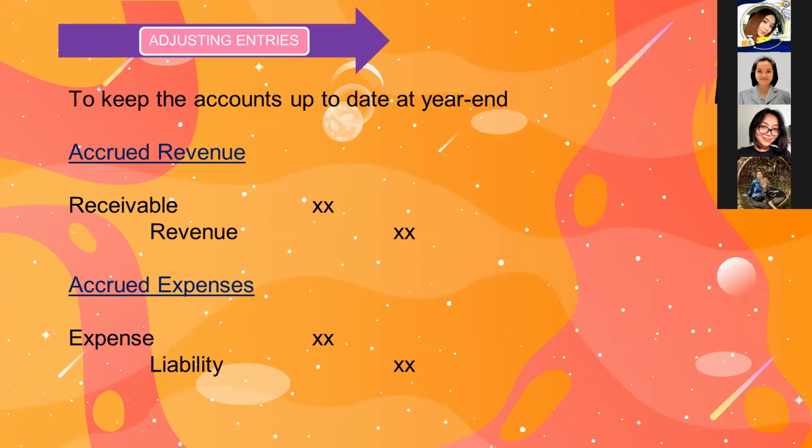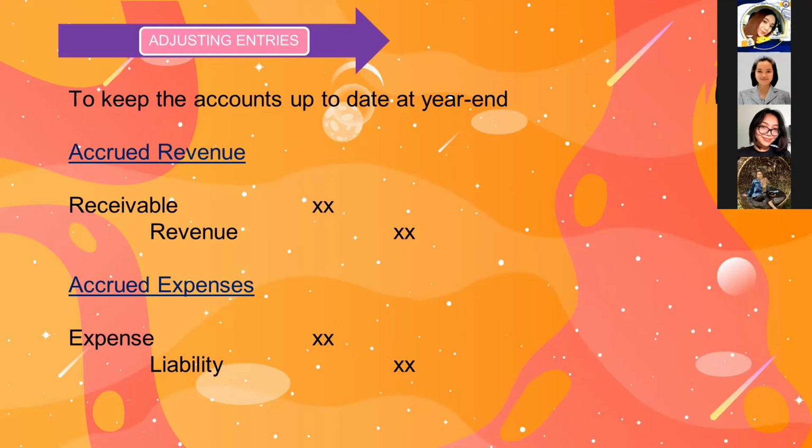So of course, number 1, we have the accrued revenue. So it's a debit to receivable and credit to the revenue account. So accrued revenue, simply these are revenue already earned but not yet recorded, no? So accrued expenses naman, so expenses already incurred but not yet paid, no?